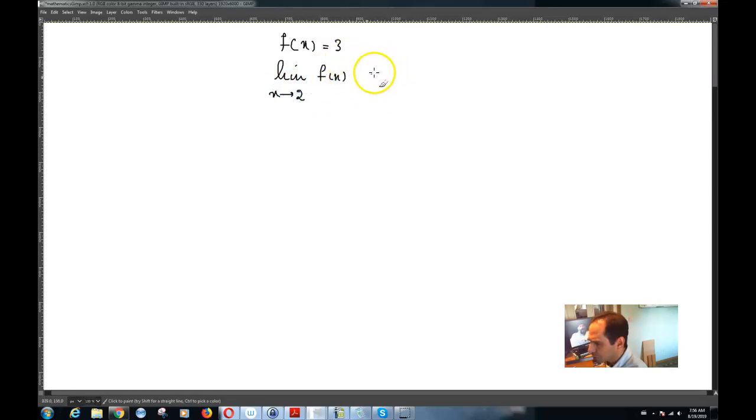Or, in other words, we want to find the limit of f of x at x is equal to 2.